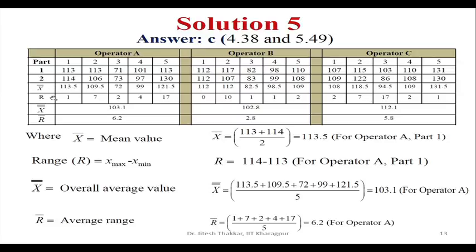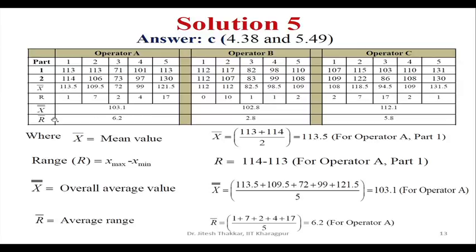So, you have x bar and R value for all the parts. I have also computed R bar and x double bar. X double bar is the average of x bar, which is the average of these readings, and it comes out to be 103.1 for operator A.